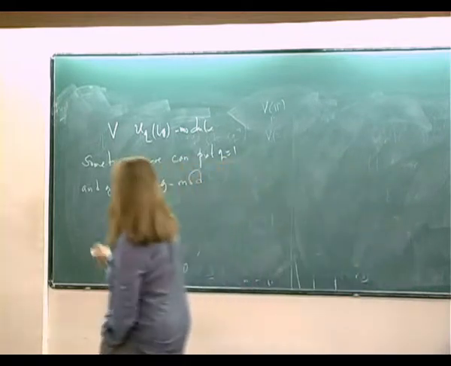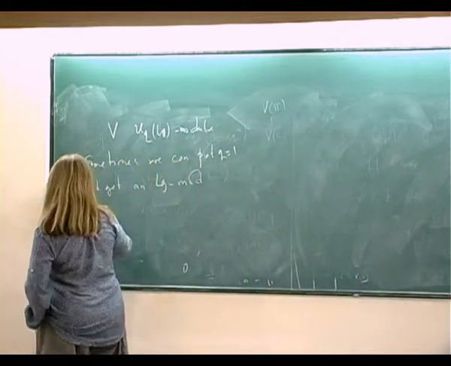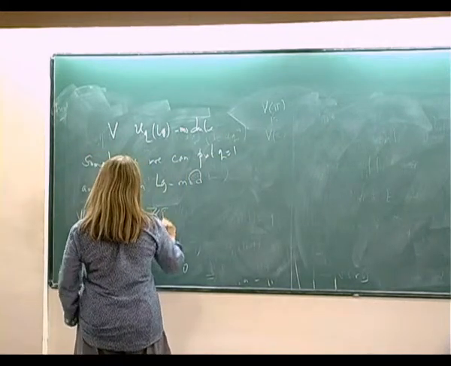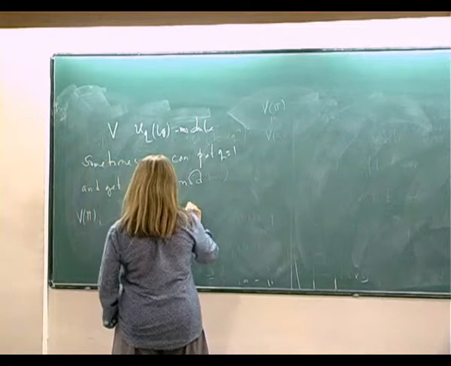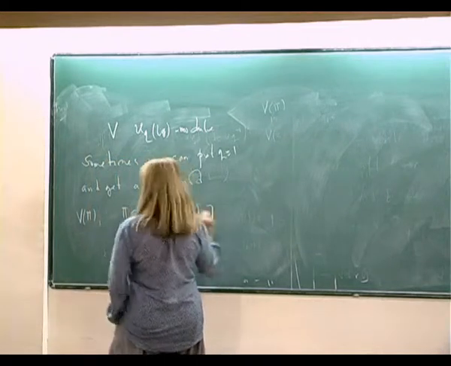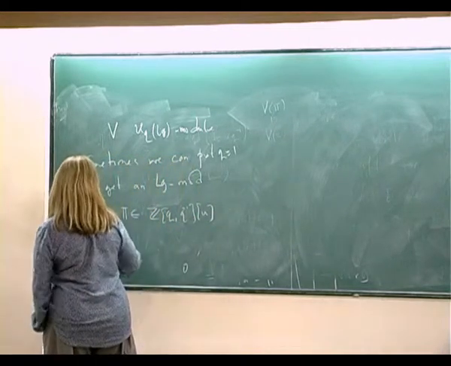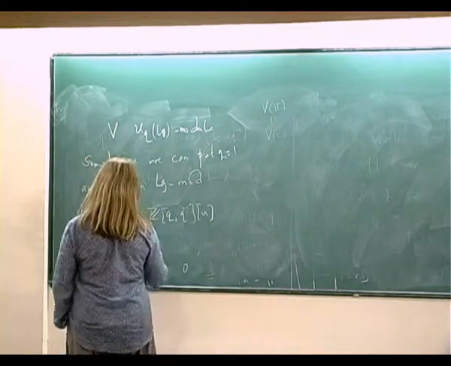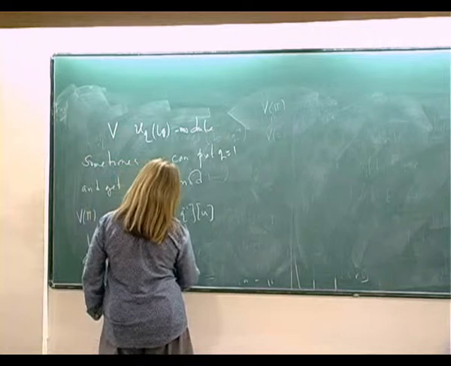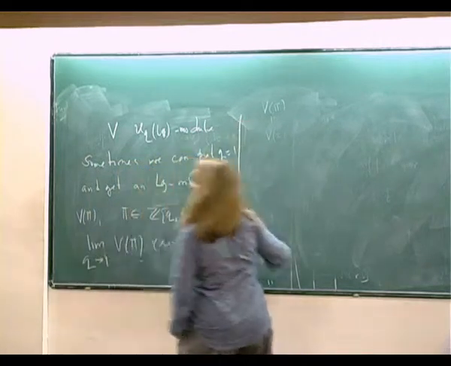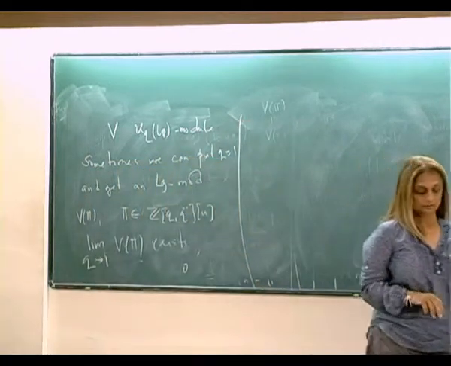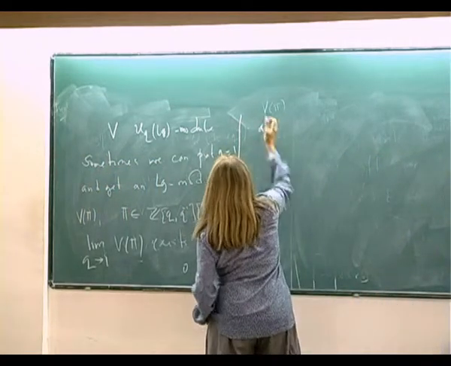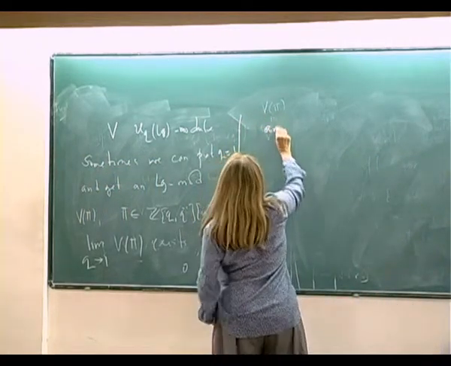For instance, if you're doing V pi, and pi lives in Z cube q inverse U, then the limit q going to 1 of V pi exists.